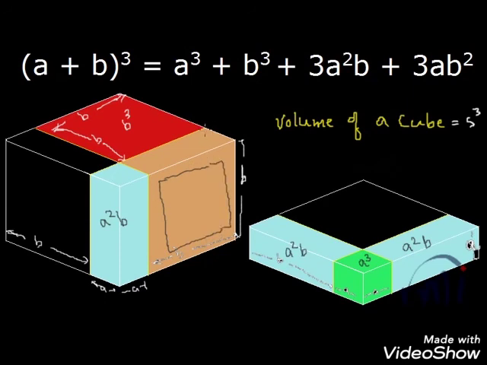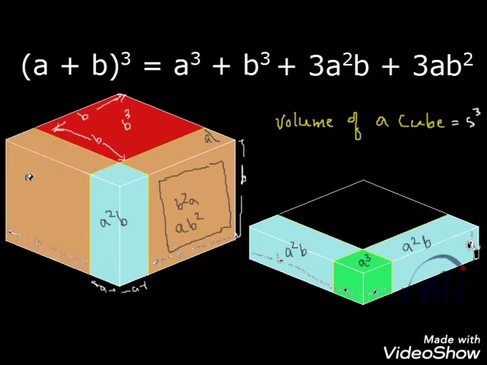And the thickness of this cuboid is A, so its volume will be B square A, or if I write it alphabetically, it will be AB square, right? Similarly, this will also be of the same dimensions and it will also have volume as B square A, right?